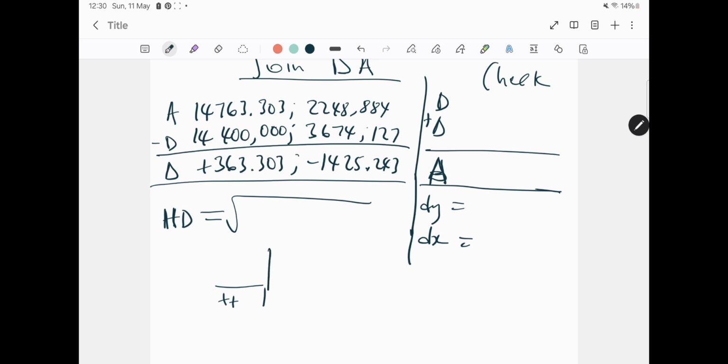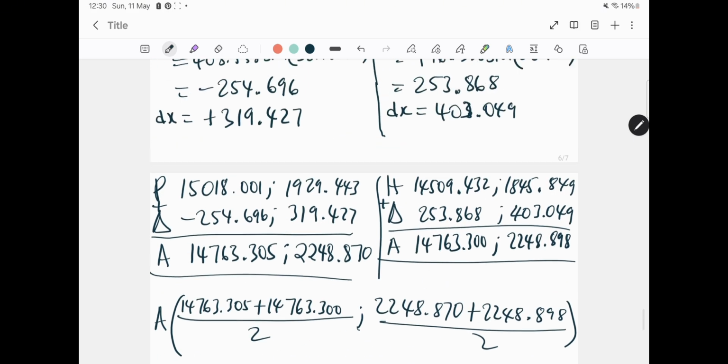Now looking at the numbers that we have, remember it's positive, positive, negative, negative. Let me draw it again. Here this is your x, this is your y. Then here, positive y, negative x. Same thing that we're doing here.